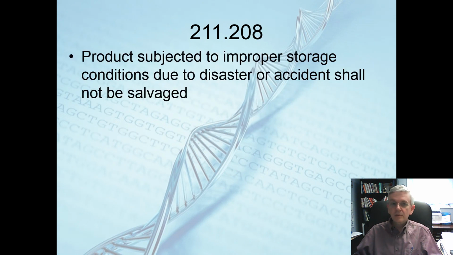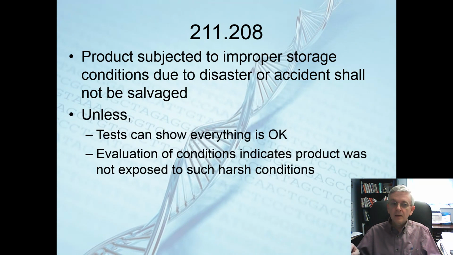211.208 talks about products subjected to improper storage conditions due to, say, a disaster or an accident shall not be salvaged. Again, I repeat that, shall not be salvaged. Unless, that's the key, tests can show everything is okay.